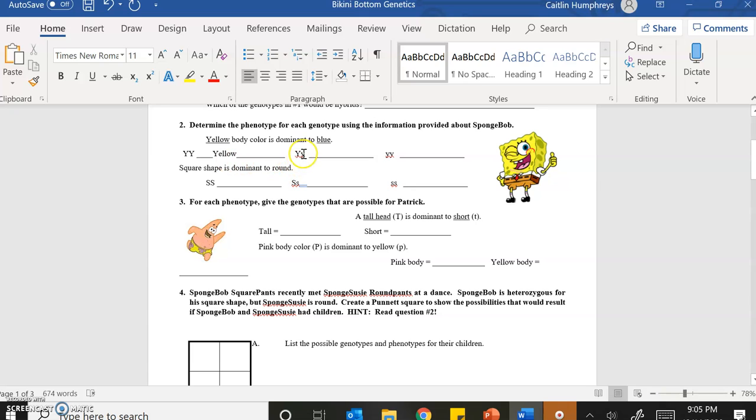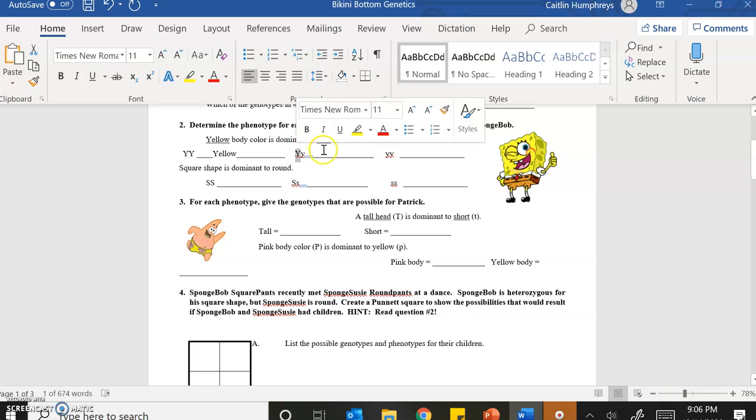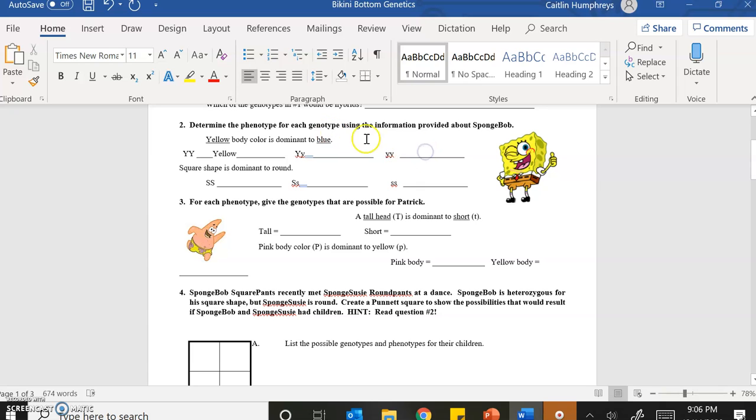Now there's a capital here. There's a capital here. So if a dominant always shows up, what color would this be? We have little y, which is homozygous recessive. If yellow is dominant to blue, blue is recessive. So this would be blue.